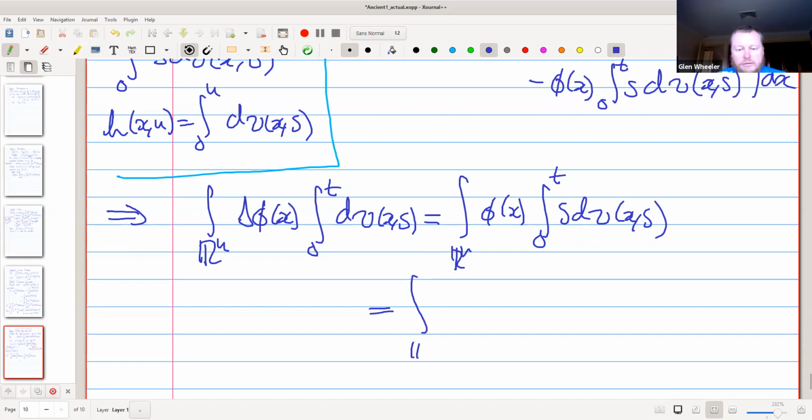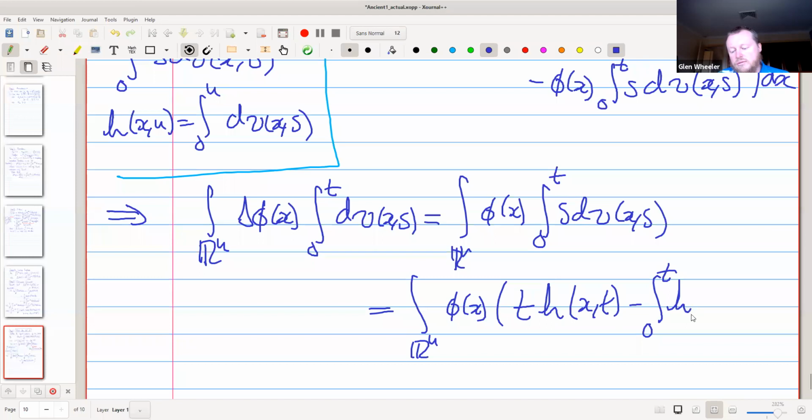We're going to get phi x, and then the boundary term is t, h, x and t, and then the remaining term, when you do that substitution that I mentioned a second ago, is also integral of h. Now I do need the ds, and I need the dx.